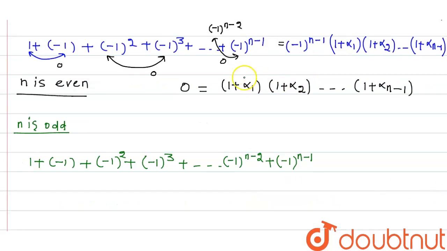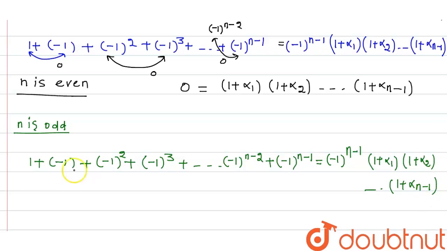And the right side is the same, minus 1 to the power n minus 1 times (1 plus alpha 1)(1 plus alpha 2) up to (1 plus alpha n minus 1).